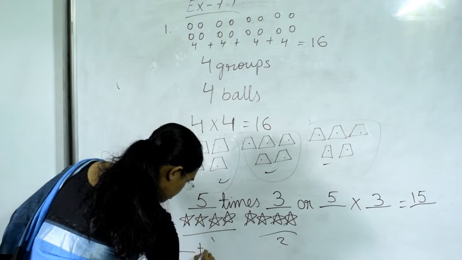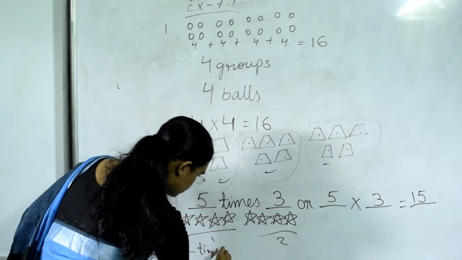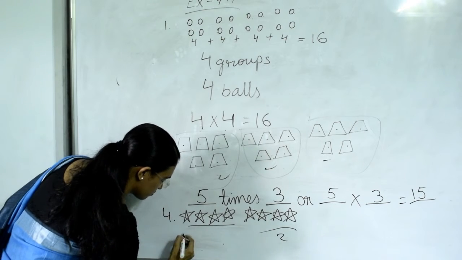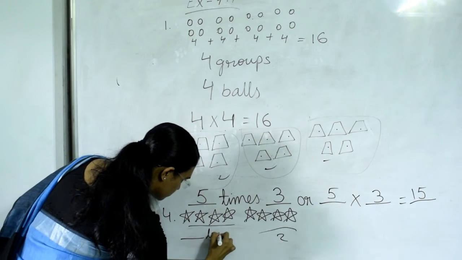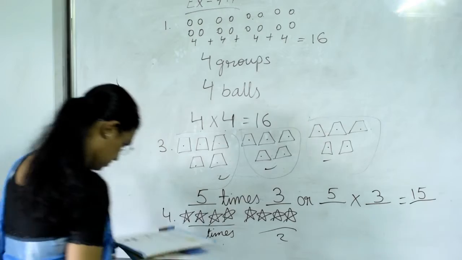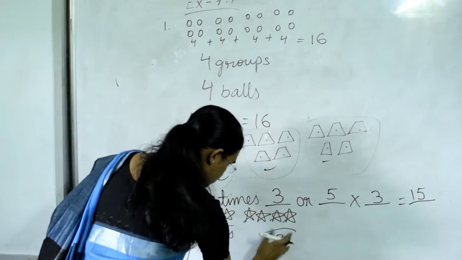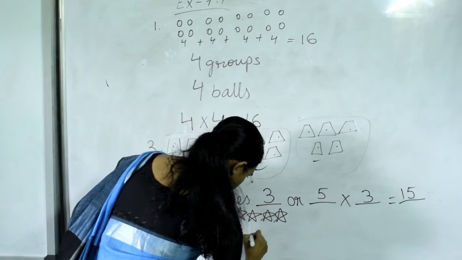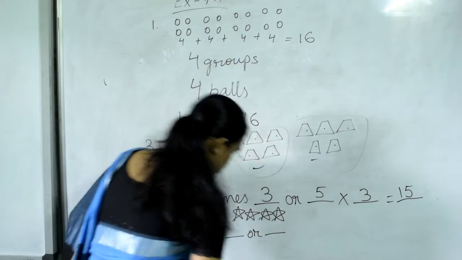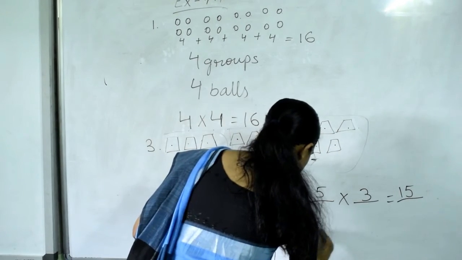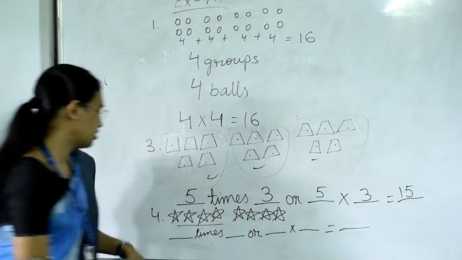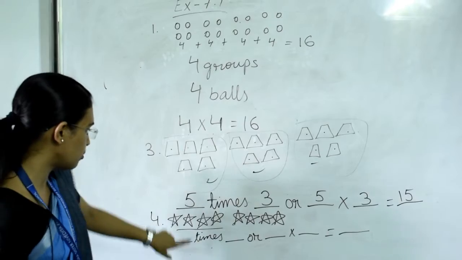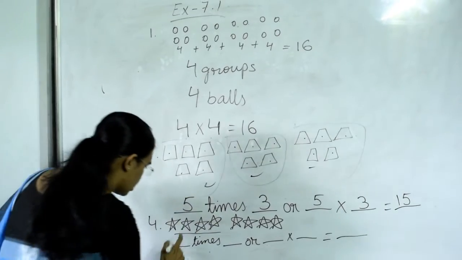Now the question is dash times dash, or dash into dash equals dash. Okay, so how many stars are there in each group? 4 stars, so write here 4.